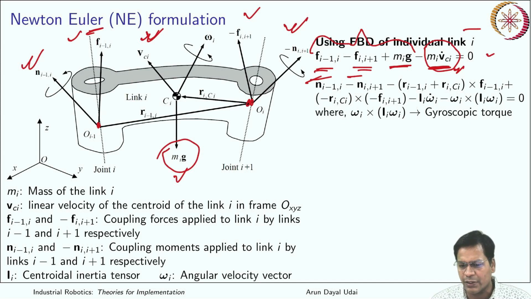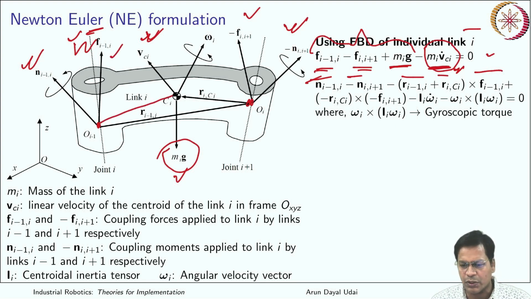So you know the distances already, so quickly you can call it F_{i-1,i}, that is acting over here, and you have a distance which is given by the two-vector sum, this and this, that is effectively I am trying to find this vector.